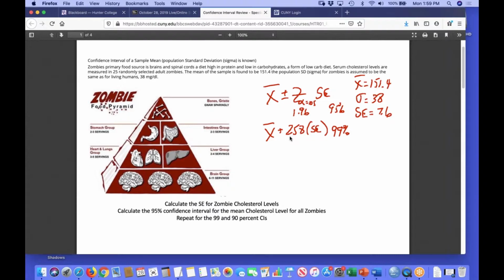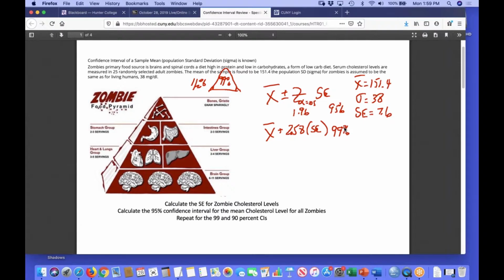So why 2.58? Well, if we go to our z table, 2.58 represents half of 1% in each of the two tails in a normal distribution. It's the number of standard deviations away from the mean that we have to be for 0.5% on each end, which would leave 1% total in the two tails, and 99% of the outcomes in between those two. So we would use 2.58.